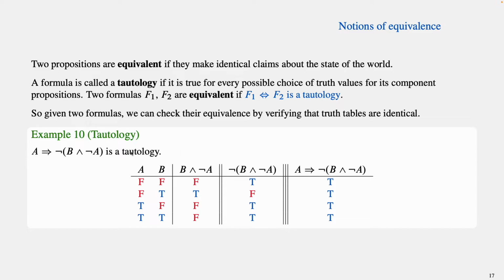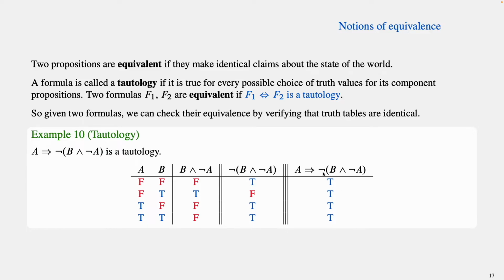And now we have this right-hand side for our implication. So we have A implies blah, blah, blah. We have the truth table for blah, blah, blah. So looking at the truth tables for the implication, we find that A implies blah, blah, blah, is always true.